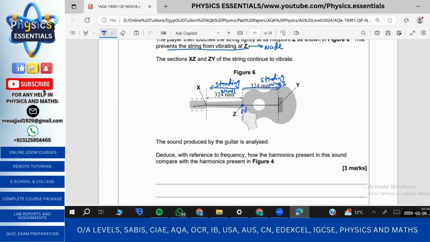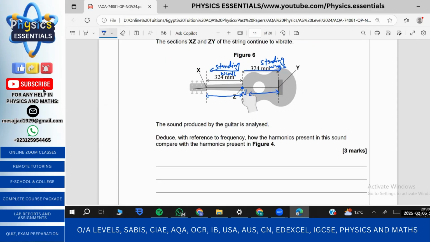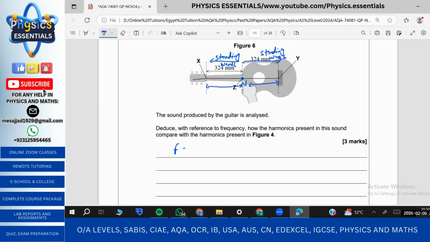Now, you can see that for this portion and for this portion, the length has been divided into half. So when the length has been divided into half, we can say that the frequency is equal to V over 2L, right? Or in other words, we can do the calculation here. V equals F lambda.